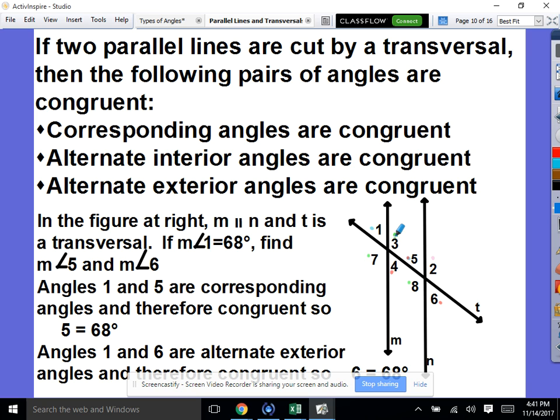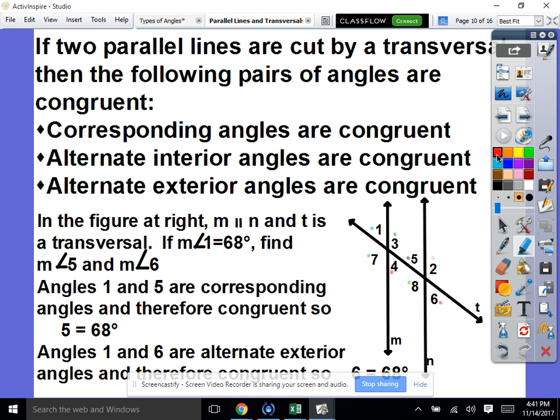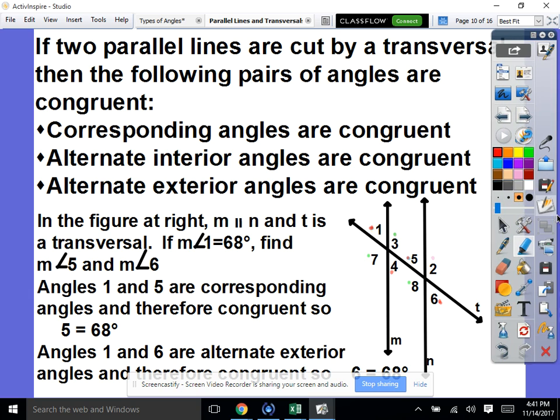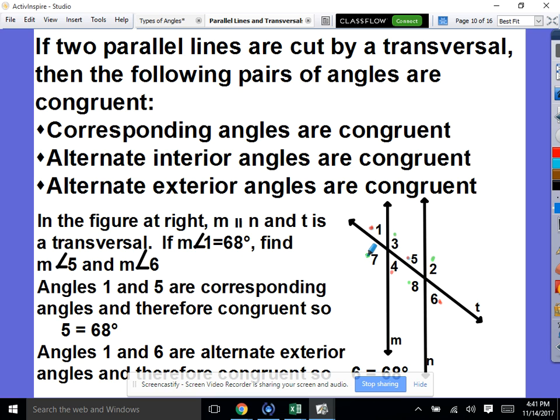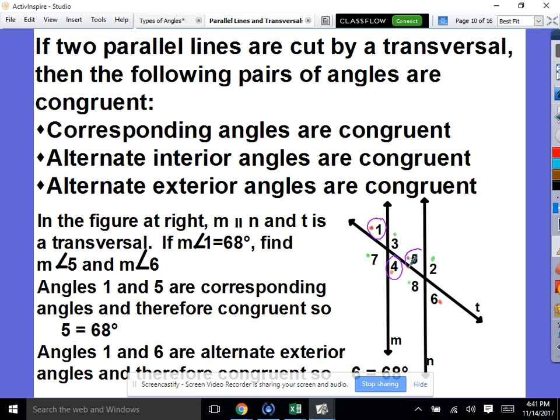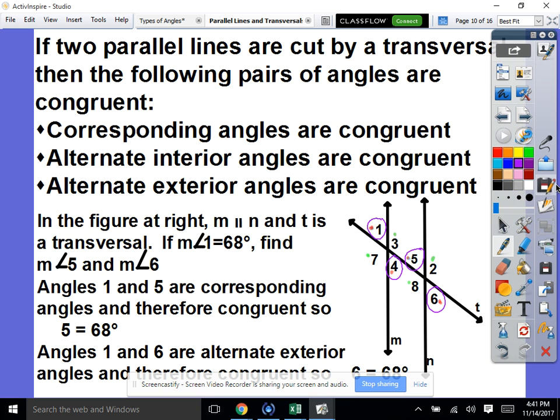Alternate exterior angles are congruent, which means 6 and 1 are congruent, and 2 and 7 are congruent. So now you can see that, go back to my pen, angle 1 is equal to angle 4, which is equal to angle 5, which is equal to angle 6. So 1, 4, 5, and 6 all have the same measure.